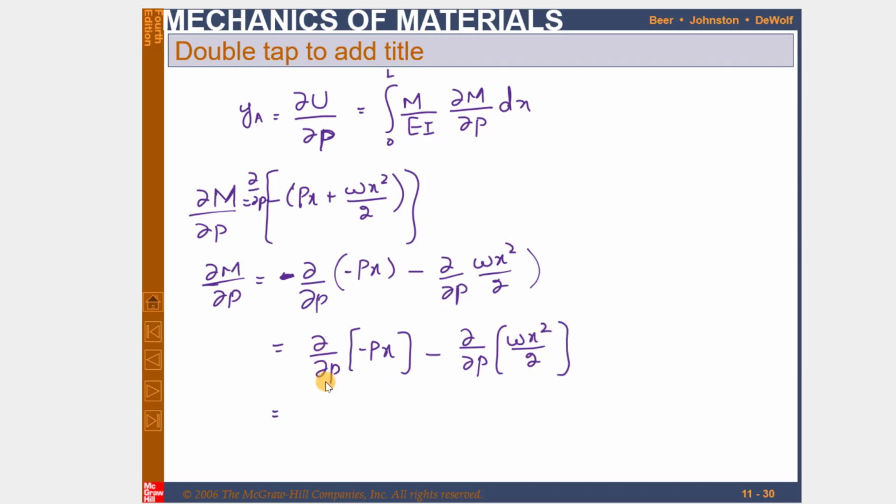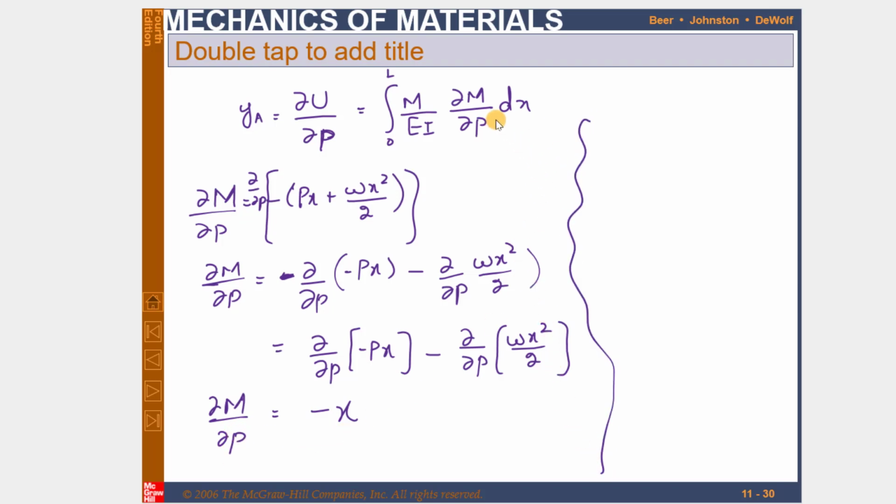If you take the partial derivative of the term minus Px with respect to P, it will be minus X. And the partial derivative of the constant term will be 0. So partial M over partial P will become equal to minus X.